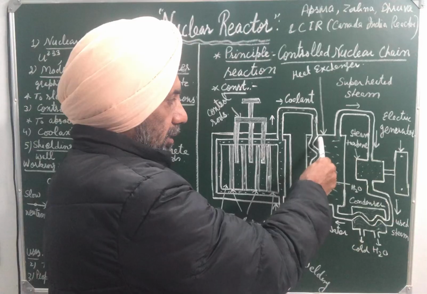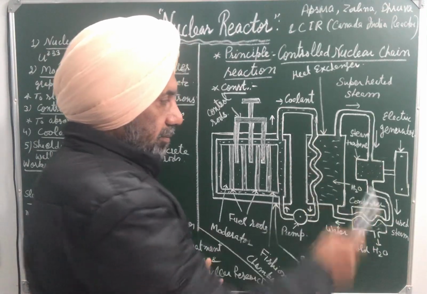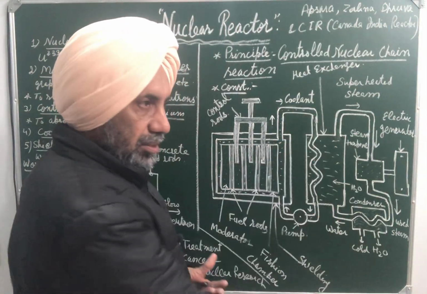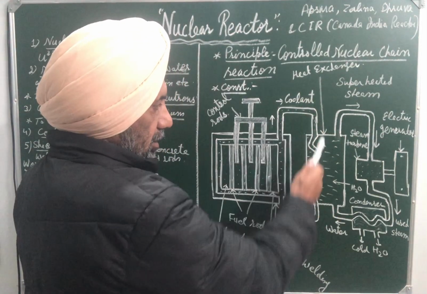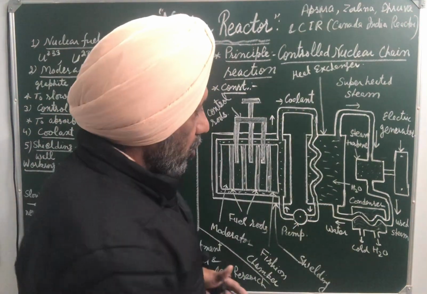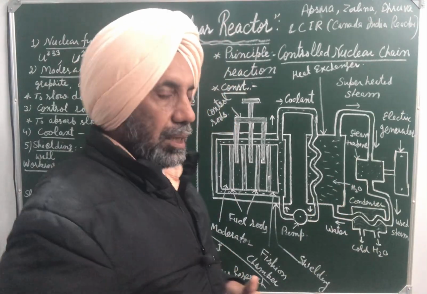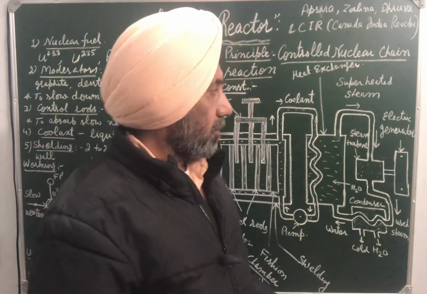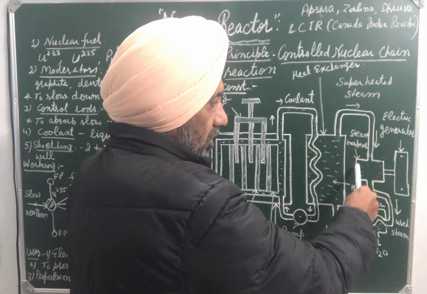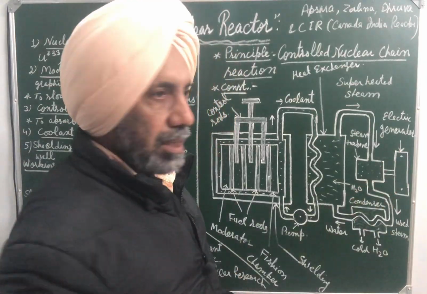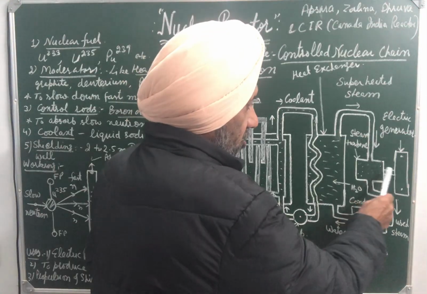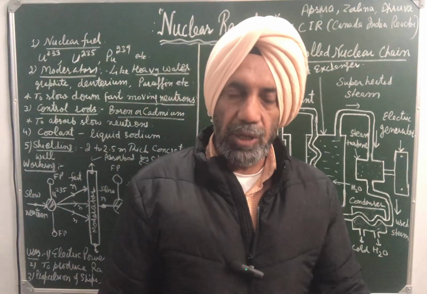As a result, this water gets heated. An exchange of heat takes place, so the coolant transfers heat energy to the water. From this water, superheated steam is produced, which goes through this tube and drives the turbine. This is a steam turbine, which is coupled with the electric generator to produce electricity.